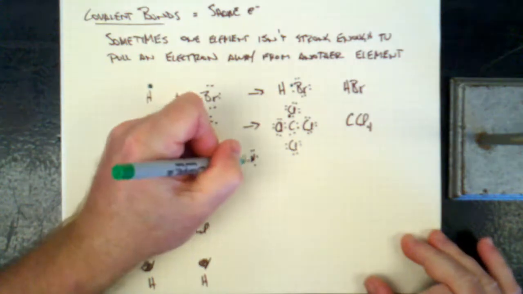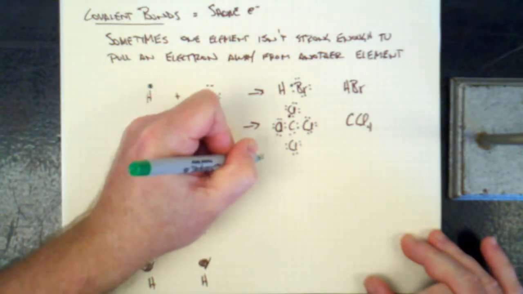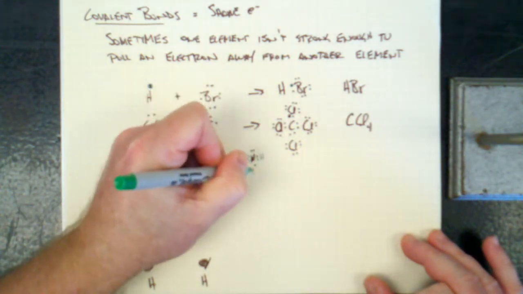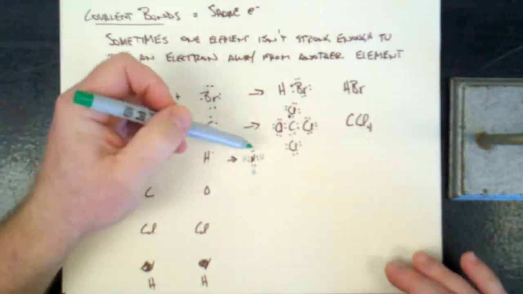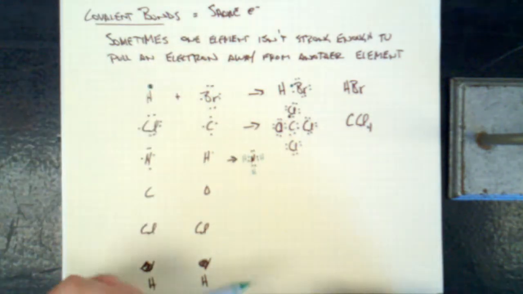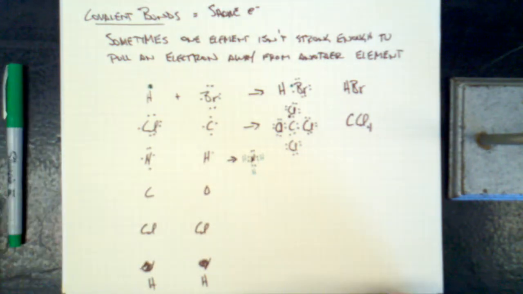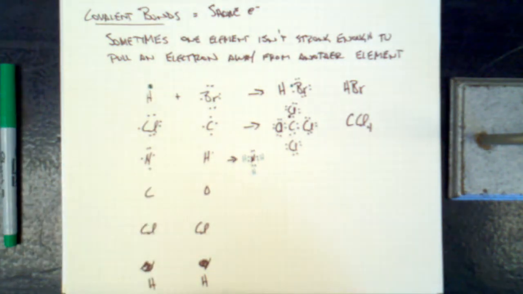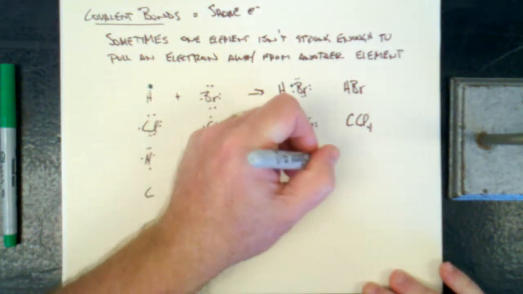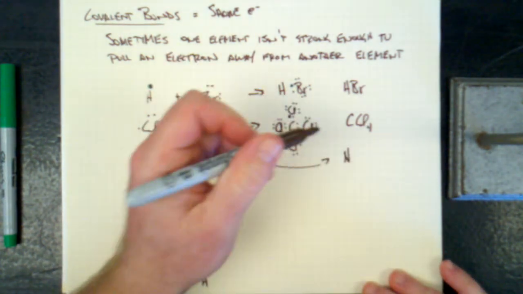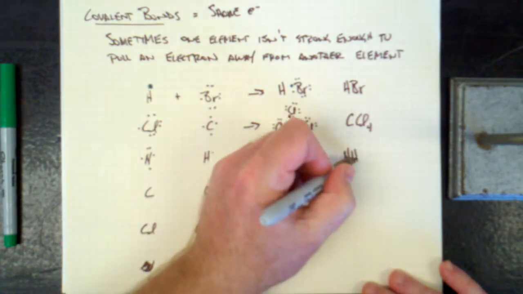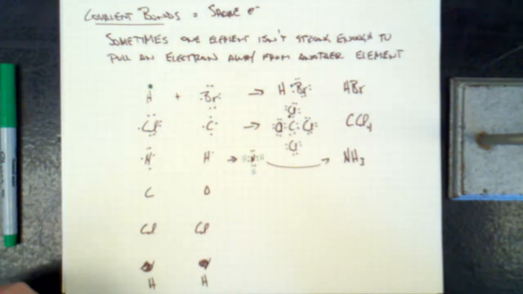So H here with its electron, and H here with its electron. Now we look at the nitrogen, it's got 8 electrons around it. Each hydrogen has 2 electrons around it, which is what makes it happy. And so then its formula is going to be 1 N, 3 H's. It's ammonia.